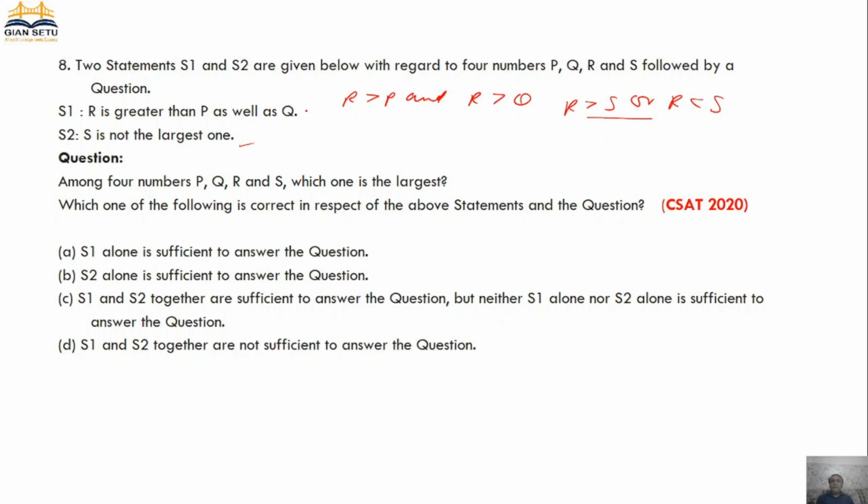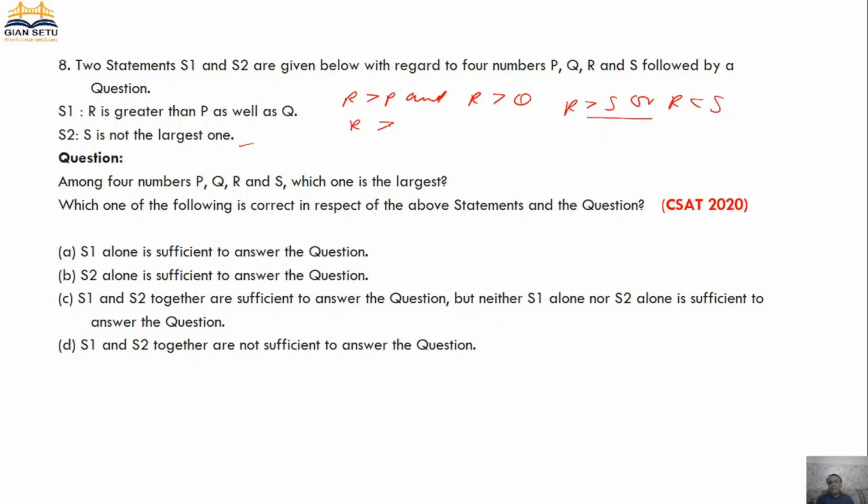Now let's try to solve the question with both the statements. Now R is greater than P, R is greater than Q. Again, S is not the largest one. Since S is not the largest number, R must be the largest number, because S is either less than P, less than Q, or less than R, but it is not the largest one.